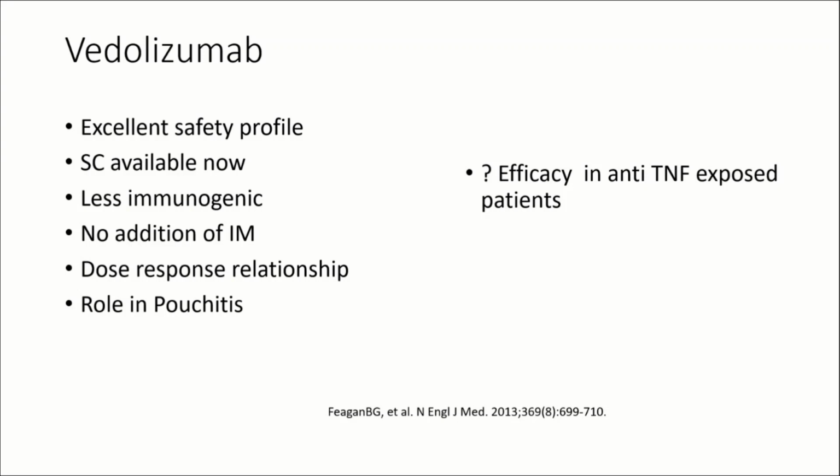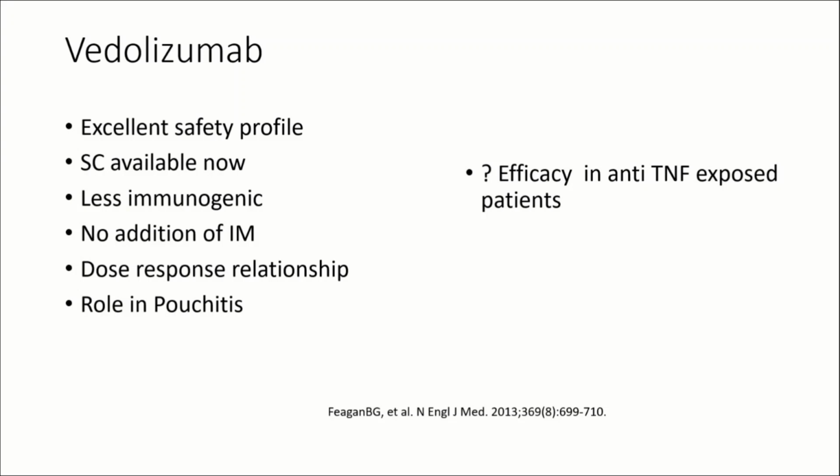There was a paper recently, I think at DDW, by Simon Travis, with a very good randomized trial with more than 100 patients, and it was very effective in refractory pouchitis. So that's an area to watch because it may have a role in the treatment of pouchitis. The problem with vedolizumab is as a second-line agent, and not only in Crohn's disease but also in ulcerative colitis, it actually has quite a poor response rate if you use it as a second-line agent, and that's a concern.